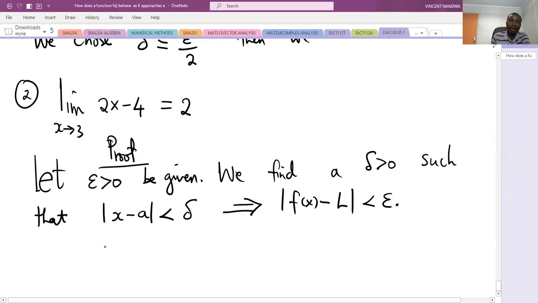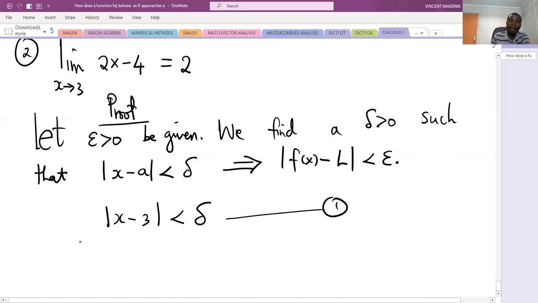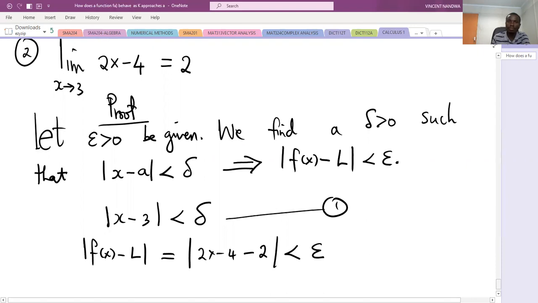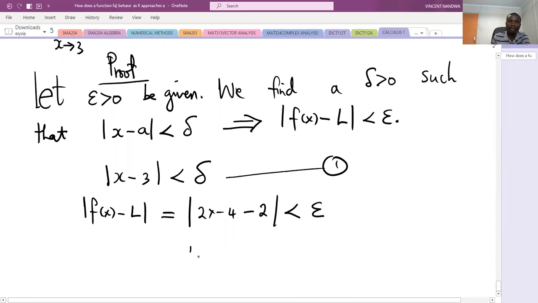So we have our a is 3 for this case. So absolute value of x minus 3 is less than delta. We can call it equation 1. And then f of x minus L is the same thing as saying 2x minus 4 minus 2. This will be less than epsilon. And then absolute value of 2x minus 6 is less than epsilon.